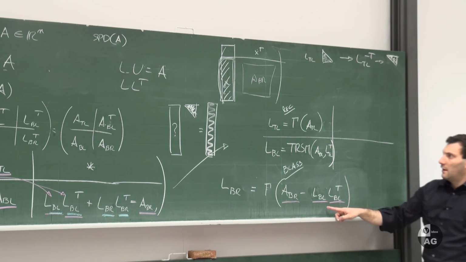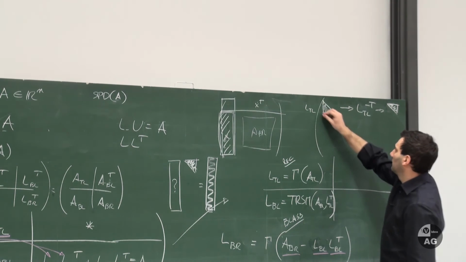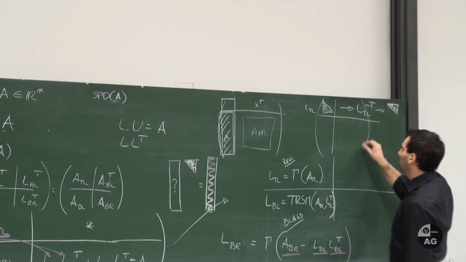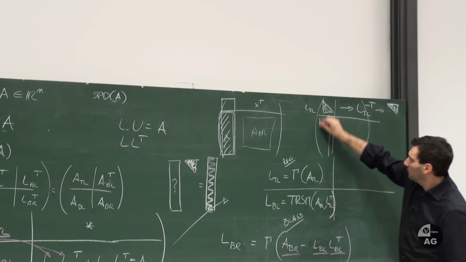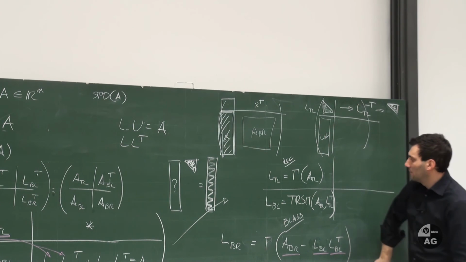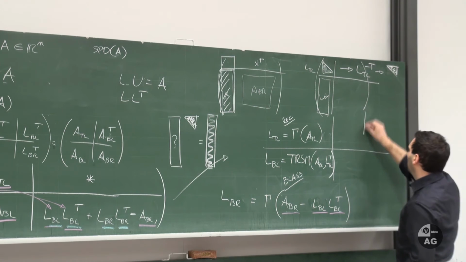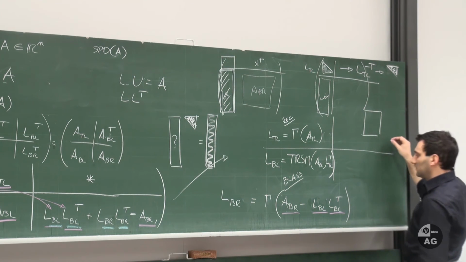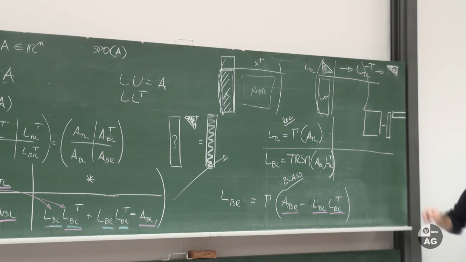Okay. L bottom left, which part of the matrix L? Here we have our matrix L that we're trying to compute. L bottom left is this object here. So what is that thing? It's a big square matrix minus something like this. It's a matrix times its transpose.